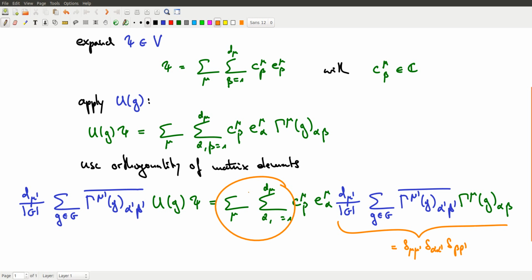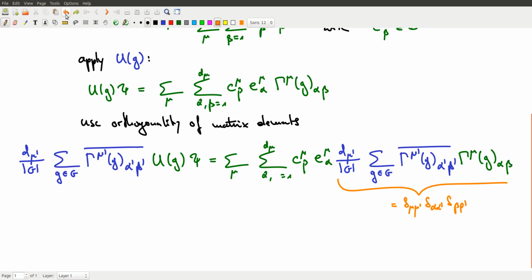That is, we can perform all these sums here using these deltas. So we get c mu prime beta prime, e mu prime alpha prime.